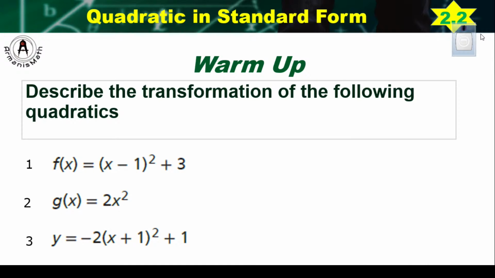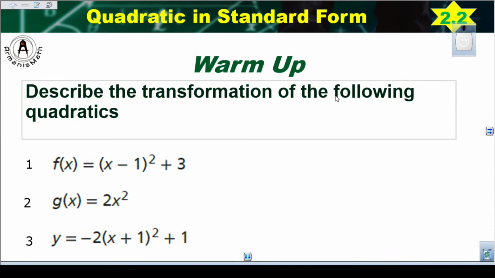The first one I have, think with me a little bit. Describe the transformation. You want to describe what happens to this parabola. Here I have a vertex: y equals a(x minus h) squared plus k.